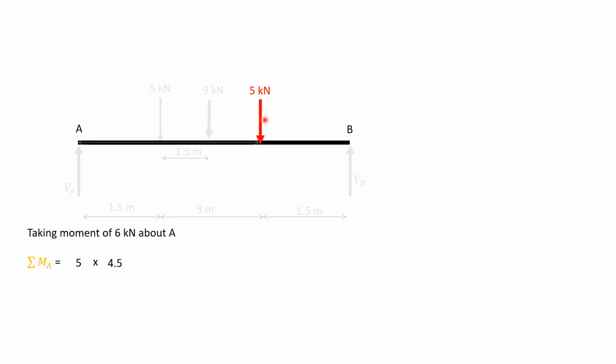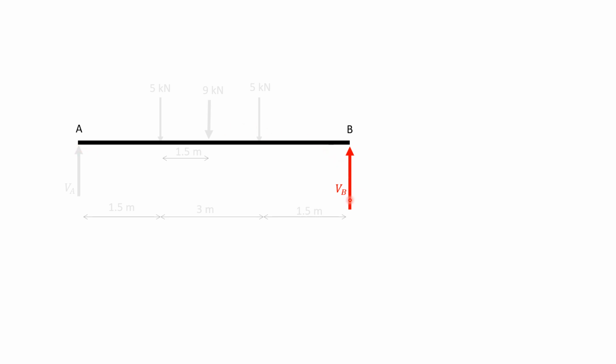Now, this 5 kilonewton force will have a line of action like this, and it will have a perpendicular distance of 1.5 plus 3, 4.5 meters from point A, and it will rotate about point A clockwise.